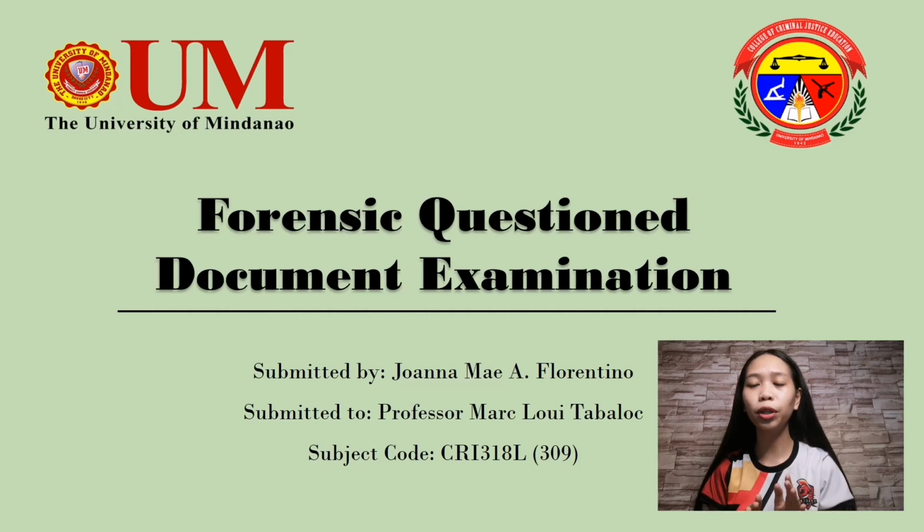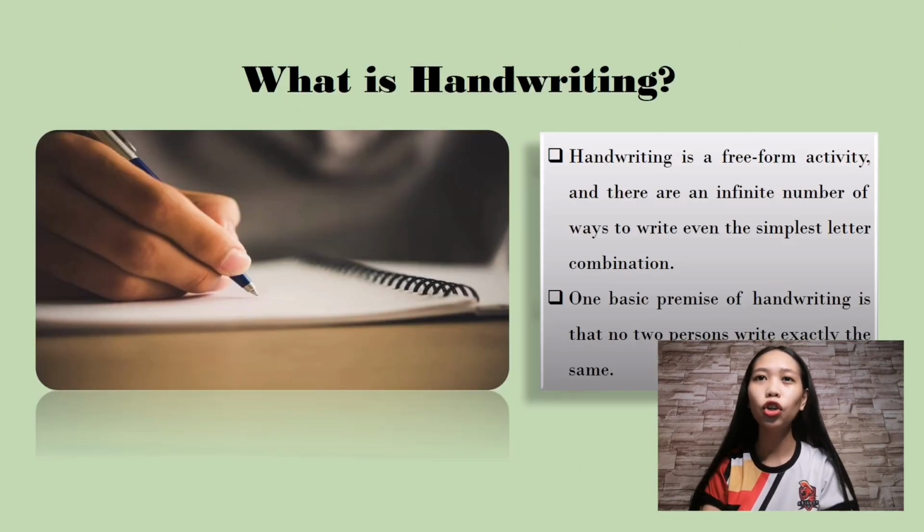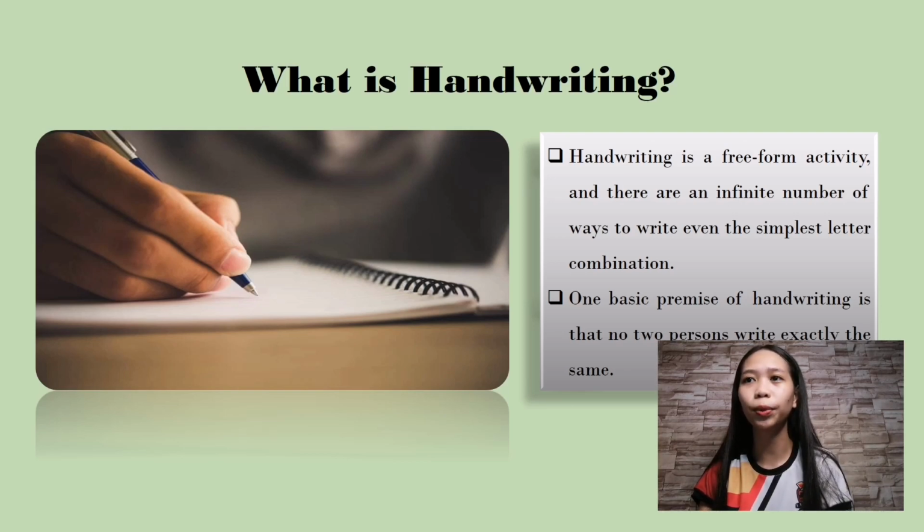So before I proceed to those topics I've mentioned, let us first define what is handwriting. Handwriting is a free-form activity, and there are infinite number of ways to write even the simplest letter combination.